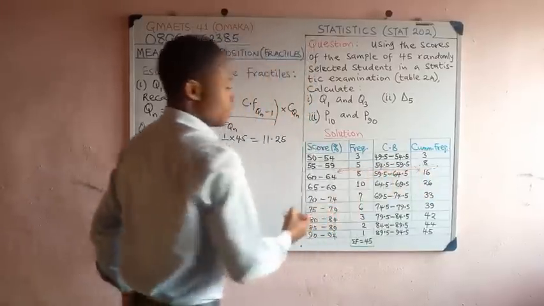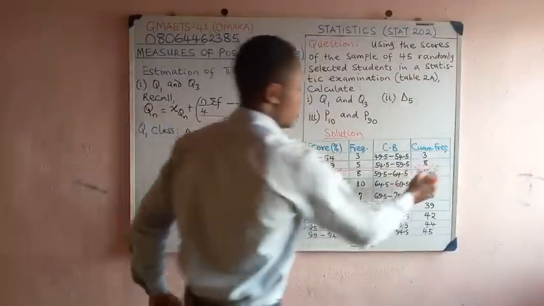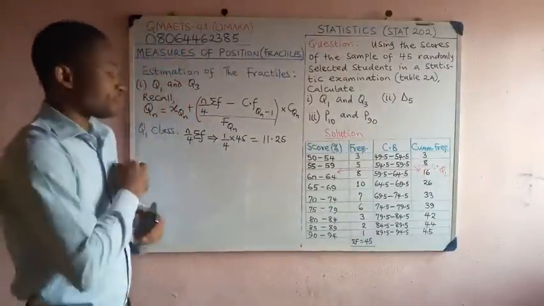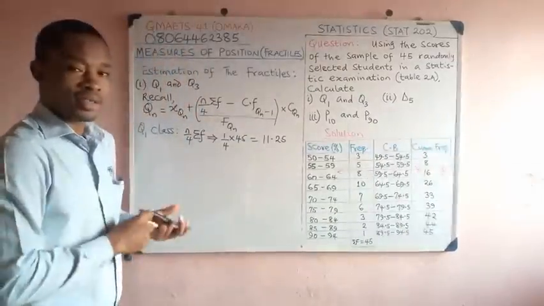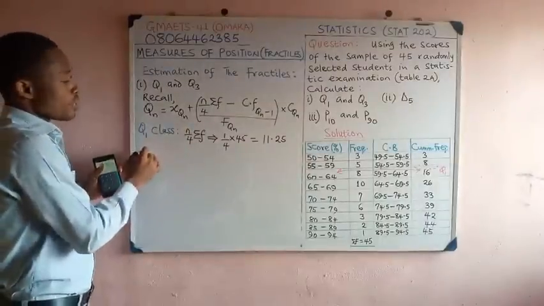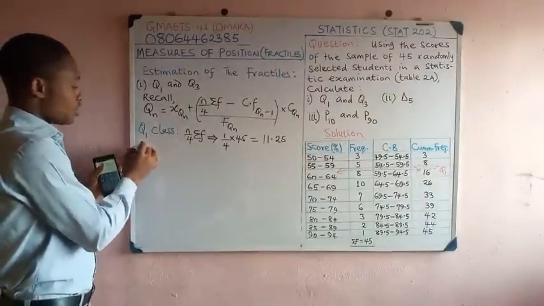We're going to identify that. That's going to be our Q1 class. Let me write that here. That's the Q1 class. We are now set to determine the value of Q1. To get the value of Q1, we're going to use the formula.